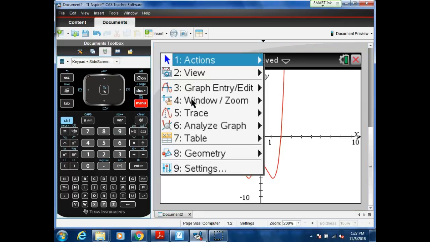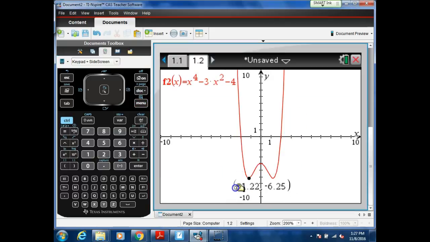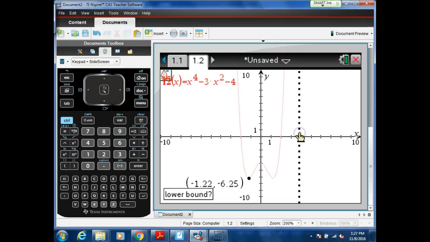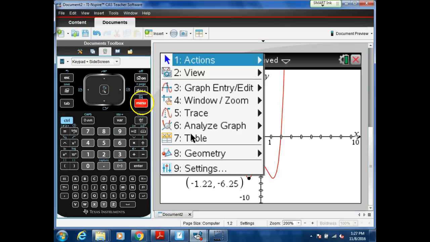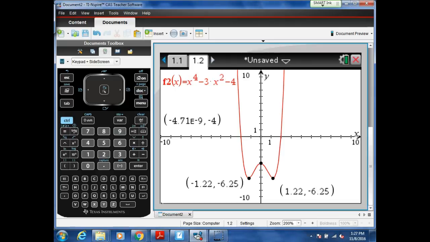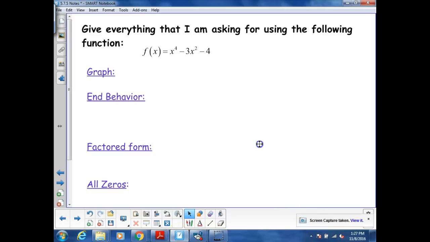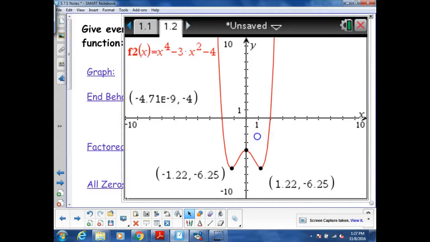Then let's analyze for minimum. Analyze for maximum. Analyze for minimum. So then let's go in here and paste that on there.